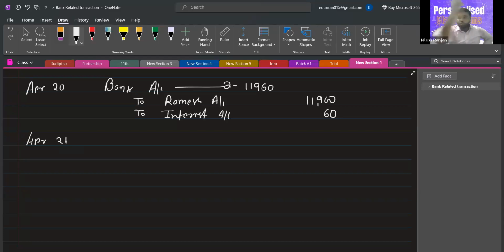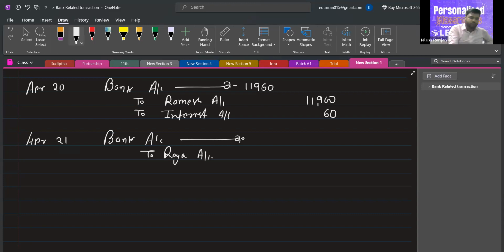He went directly to our bank and deposited the money into our account. So we are not receiving cash, but we will receive it in the bank. So bank account debit to Raja. Is that clear? Yes, sir. And the amount is 8,000.